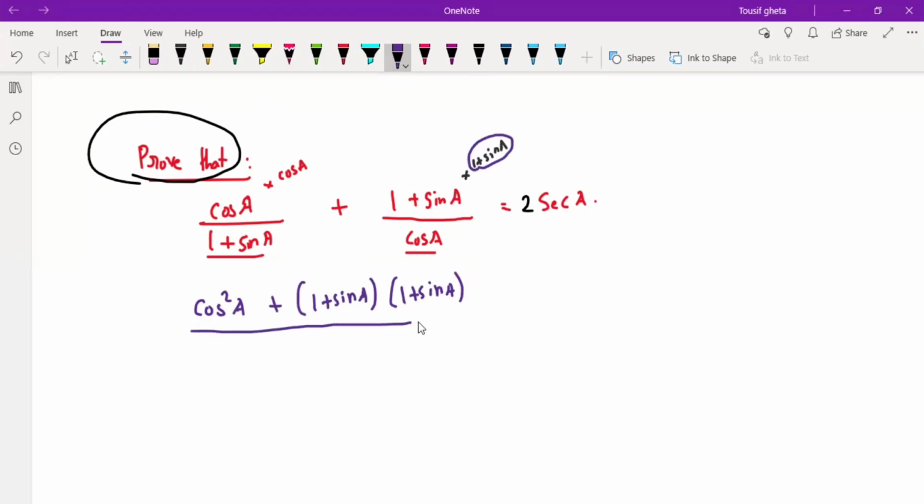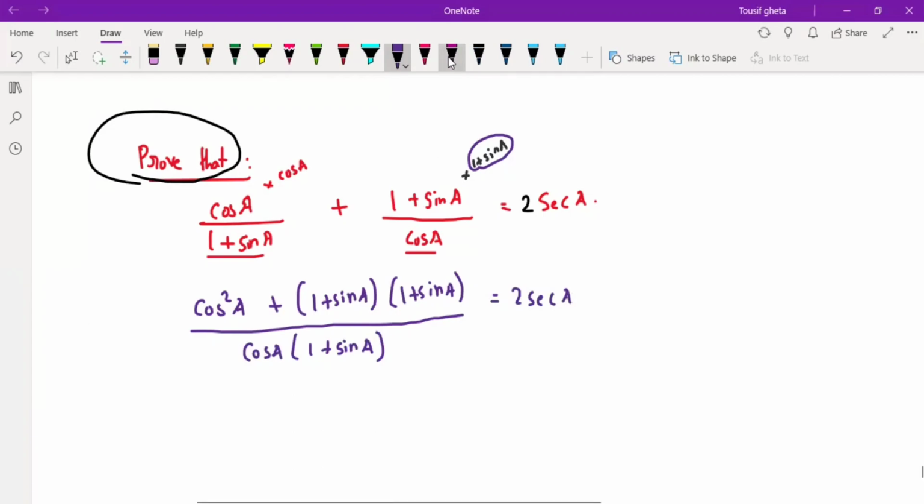The whole divided by our LCM, which is cos A of 1 plus sin A. We're going to continue to write the right side, 2 secant A.